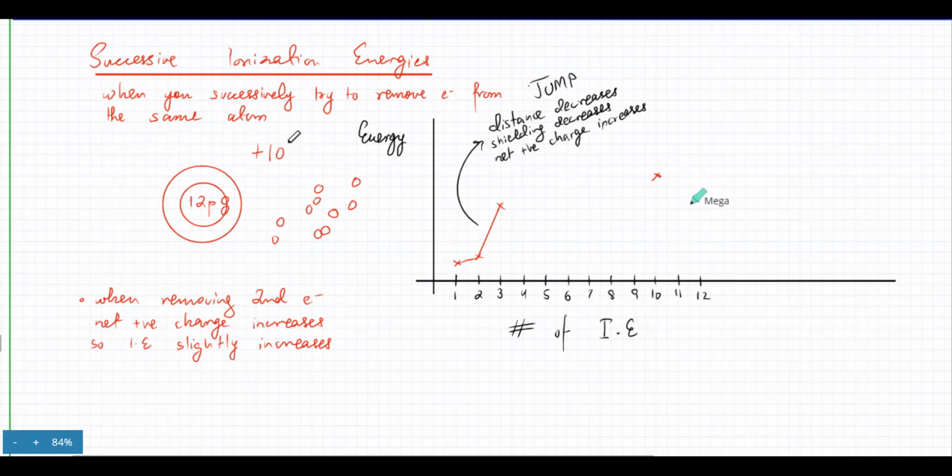The ionization energies would increase, but they're going to increase gradually. Okay? There's not going to be a drastic jump because only net positive charge is changing.